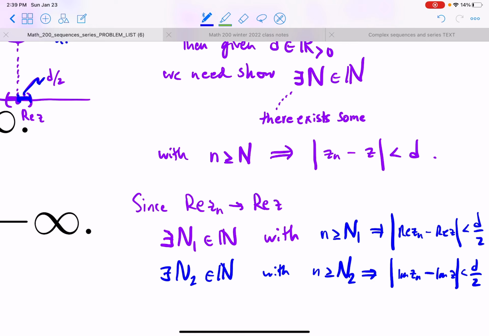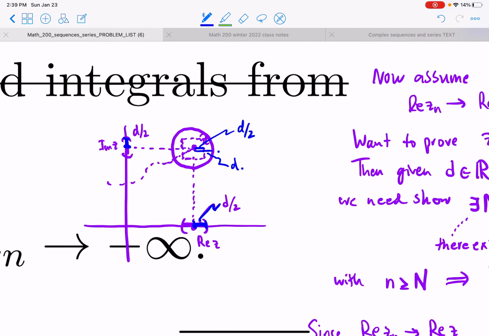So these two statements are the statements that these real parts are inside that ball, and these imaginary parts are inside that ball on the vertical axis. Because of that, I know that the real plus i times the imaginary is somewhere in this cube, and that cube is inside that ball.